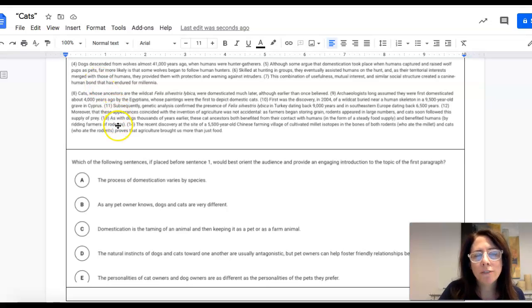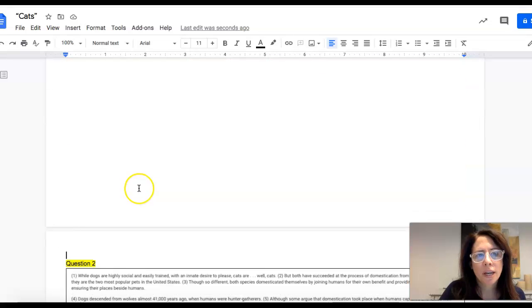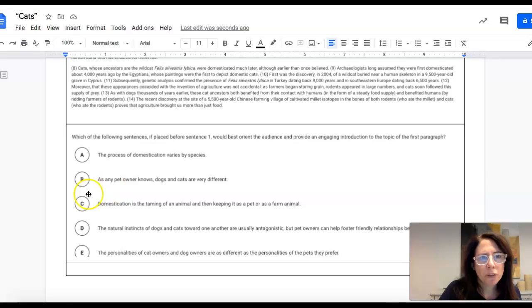Okay, so you should have just completed the rationale for question one, and now we're moving on to question two. Again, let's preview this question. Which of the following sentences, if placed before sentence one, would... Okay, I just needed to get a sense of what I'm working with.